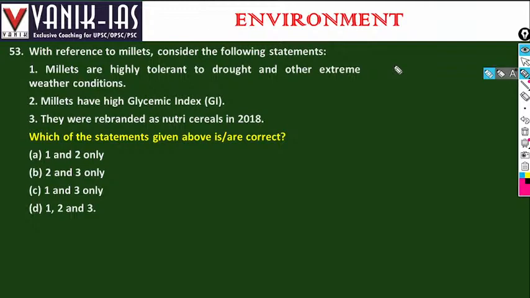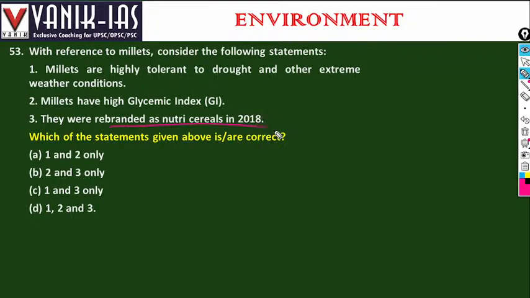Next, millets have a high glycemic index. Next, they were rebranded as Nutricereals in 2018. Okay.